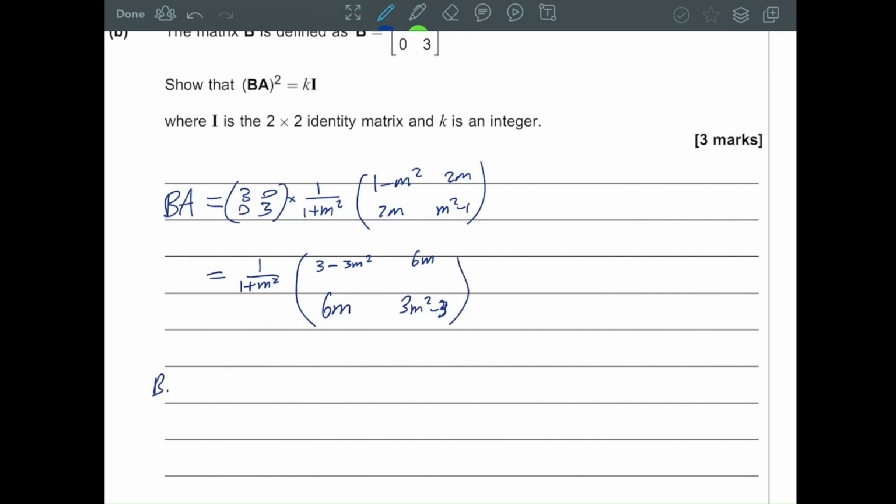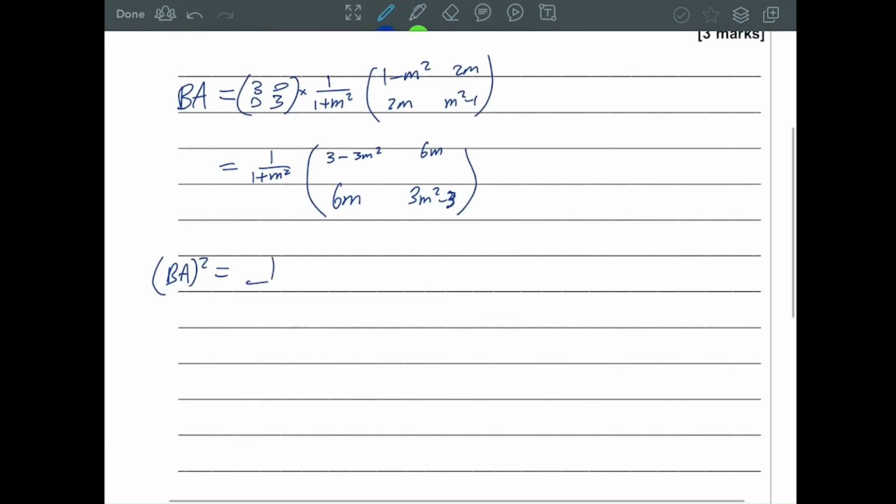And then I really want to do BA squared, which is going to give 1 over 1 plus m squared, squared in the front.